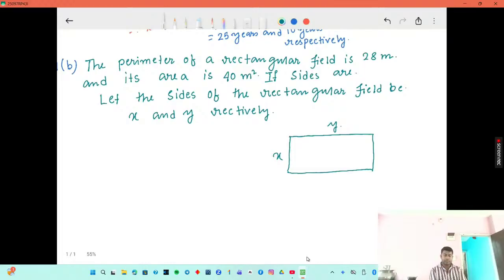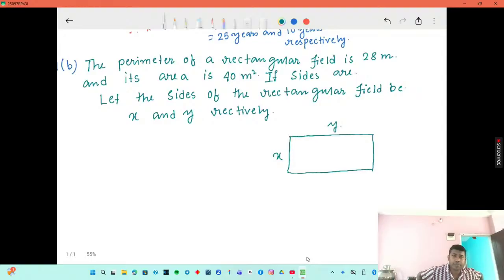Okay. So do you know what is the perimeter of a rectangle? In order to find the perimeter of a rectangle, we have to know the formula.